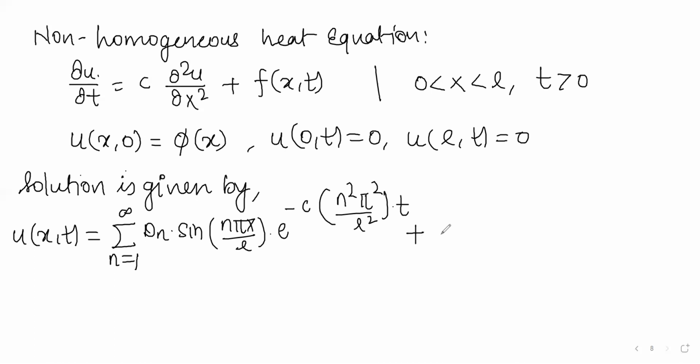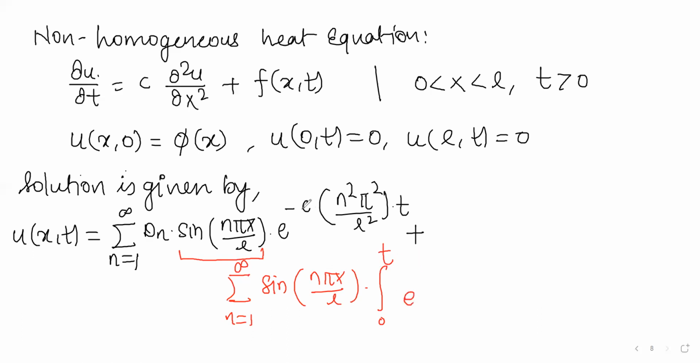And what is that extra term that we have to take care of? Okay, it is given by this. So I'll write down in red. Okay, watch it. So it is the sum from n equals 1 to infinity. No more dn now, just this quantity will come. Okay, sine of n pi x over L. And then the quantity which I have here will now be under the integration from 0 to t, I'm sorry, not 2.